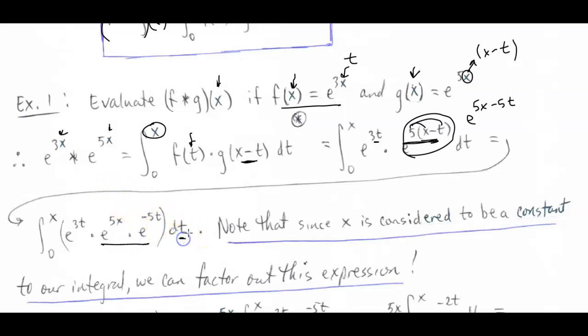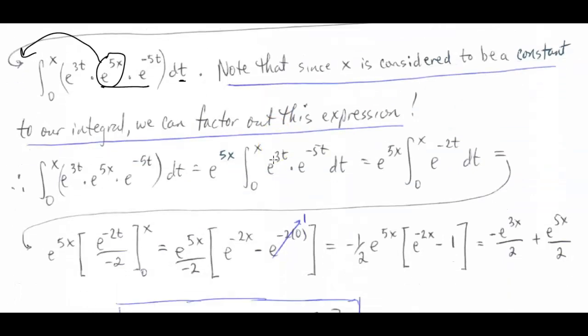And notice that t is the variable, so that means x in this case is going to be the constant. So e raised to the 5x, all of that is a constant, okay? So since it's all a constant, I could literally factor that out of my integral and deal with what's left. So if we do that, then of course we take the e raised to the 5x out, combine what's left, and of course using our exponential rules here, we can just add the exponents.